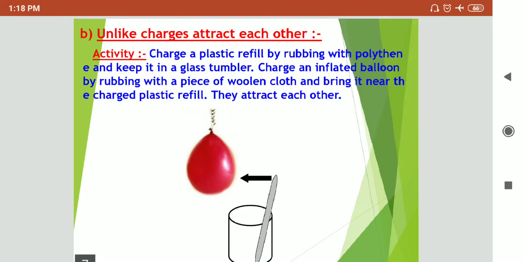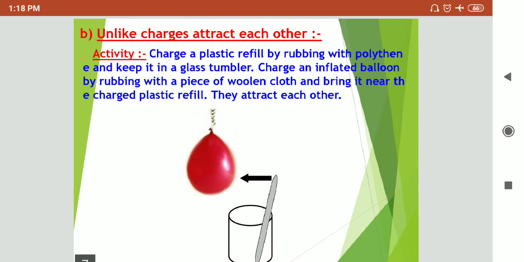As they have acquired different charges, they attract each other. Children, you can do this activity. Balloons are easily available, refills are easily available, woolen cloth and plastic sheet are there, so you can perform this activity. That will make it more clear how opposite charges attract each other.